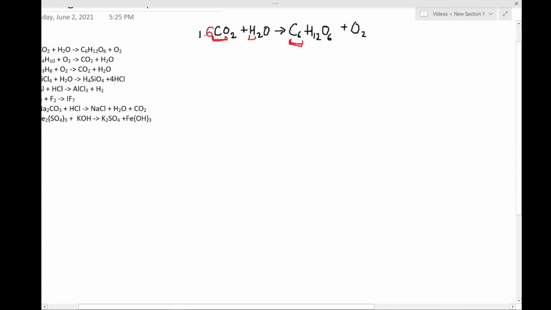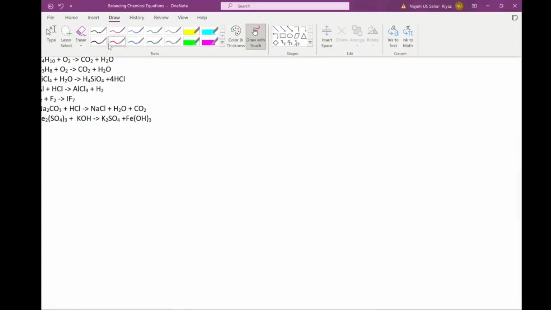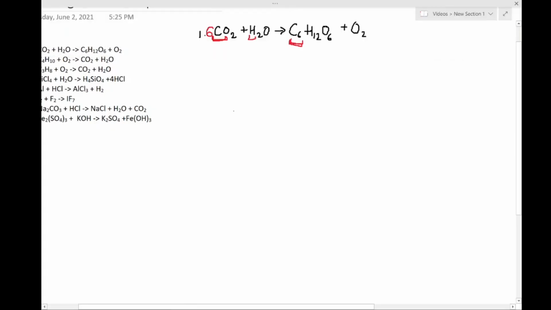And then we have hydrogen. So let me just replicate this equation on the bottom just to give us a little more working space, right? So CO2 plus H2O, C6H12O6 plus O2.